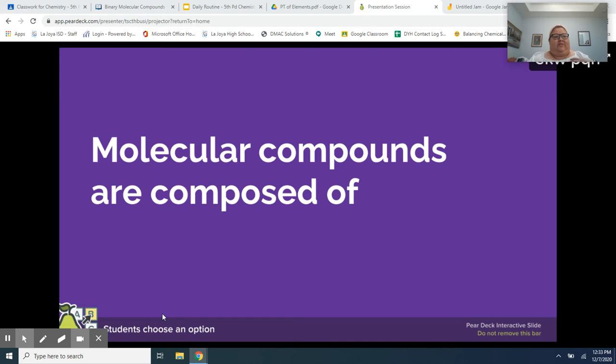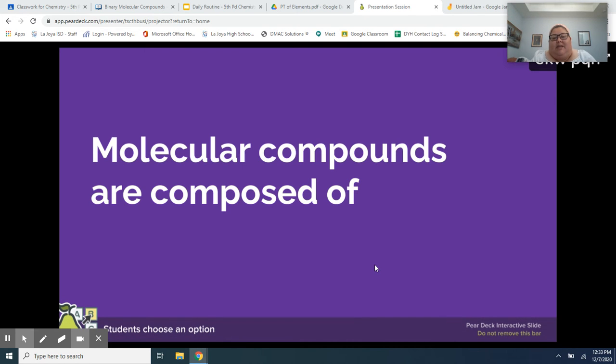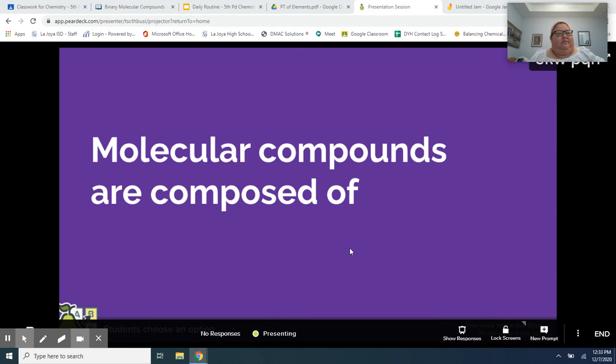What is your answer for this one? What do you think? Answer A or answer B? What are molecular compounds made from? Composed of. You use the word composed of, but it's just a fancy word for what they're made of. A or B? What do you think, Melissa, Arlette, Jose?